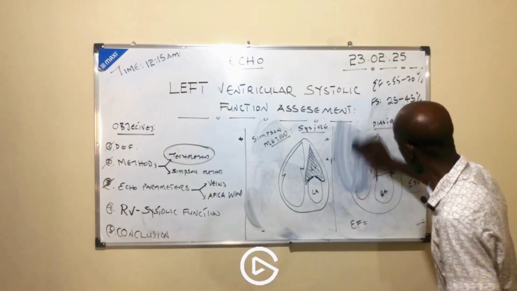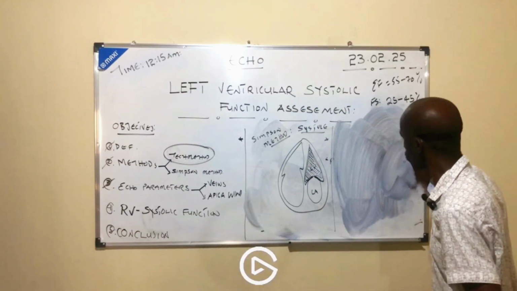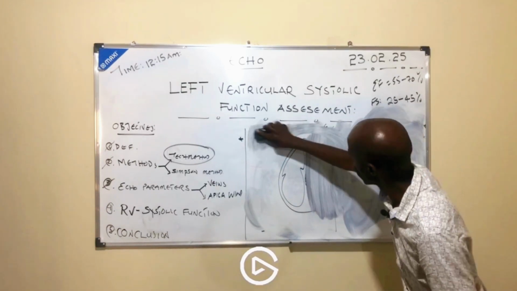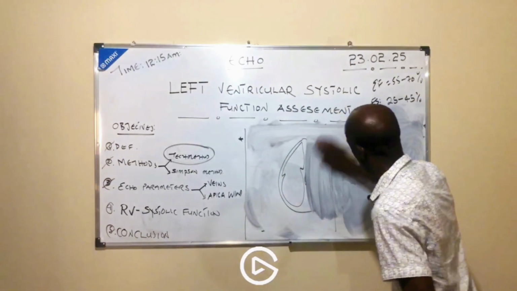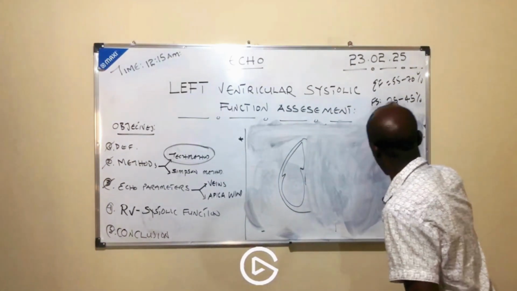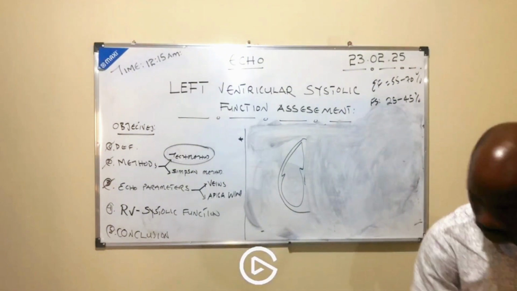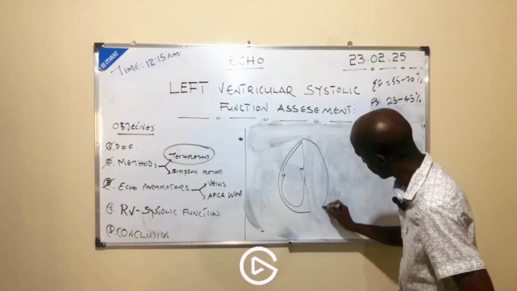And once we understand some of these parameters, it becomes very easy to pick them. For the right side, it's also very easy. Very, very easy.